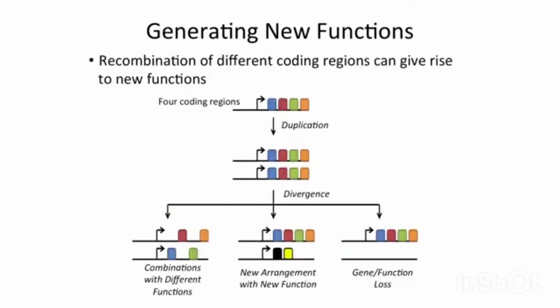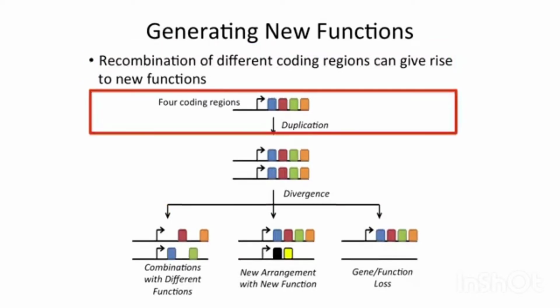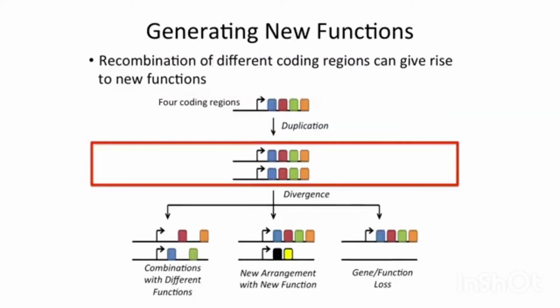So how can divergent functions be generated? One mechanism to create multiple functions from a single coding sequence is to recombine coding regions. We start with 4 different coding regions, and generally genes that are present and have survived in an organism will be required, so a change that renders them inactive will be lethal. However, if there are gene or chromosomal duplications, now there are 2 copies of each region, providing the potential for divergence while keeping essential functions.